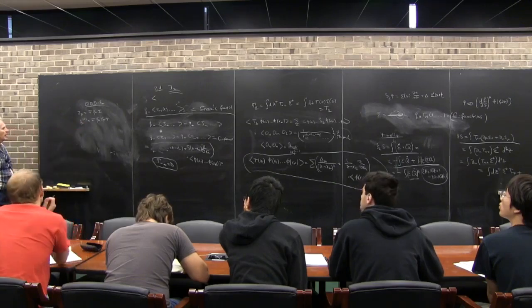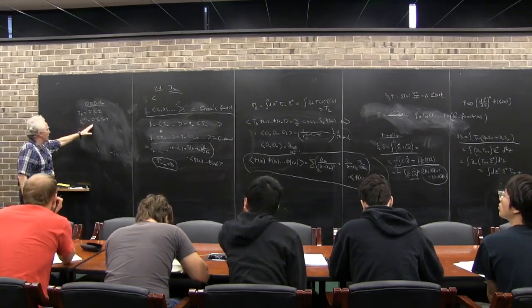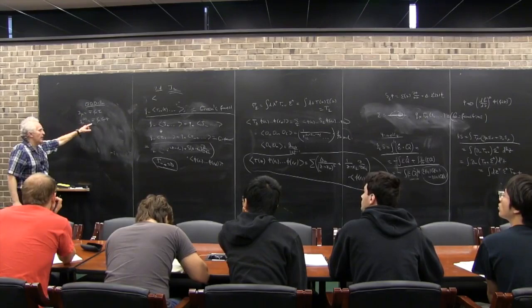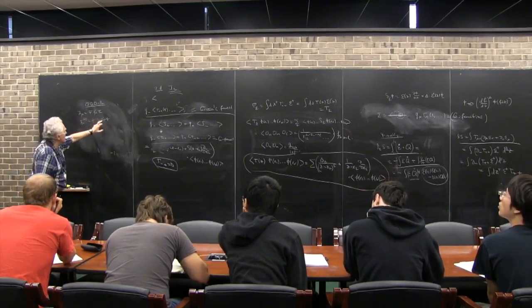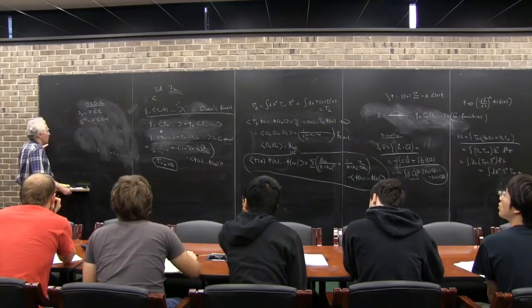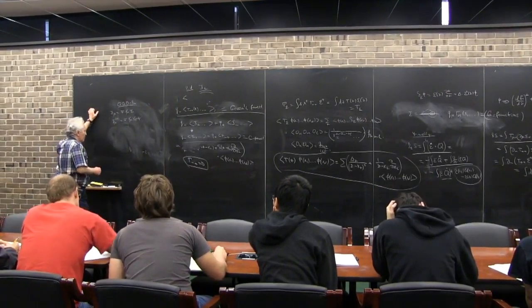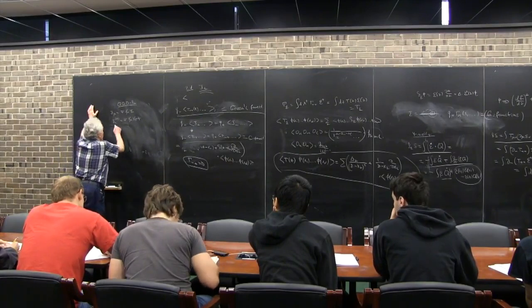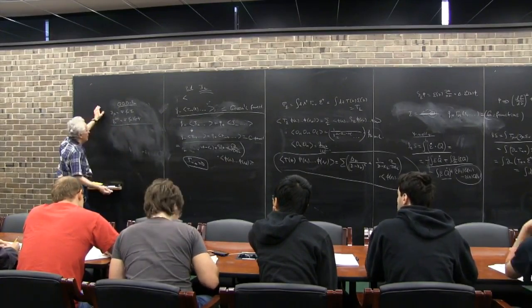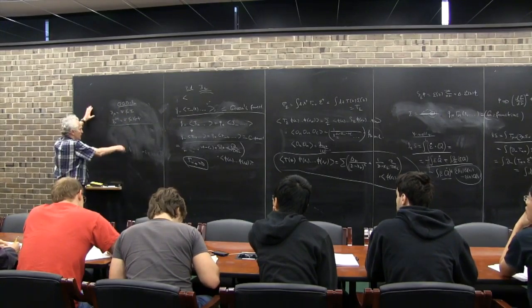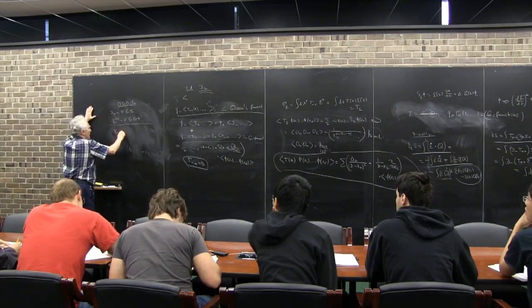And if the masses are 0, then at least classically these currents, both of these currents are conserved. Now comes a crucial point, which I will write formally, but I will explain. Namely, these 2 currents are related.